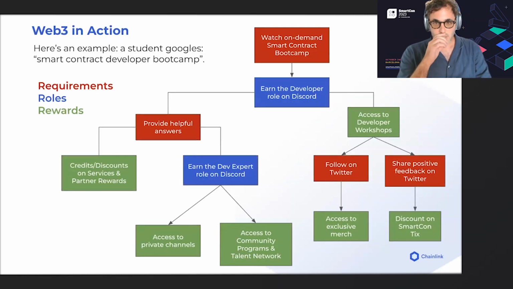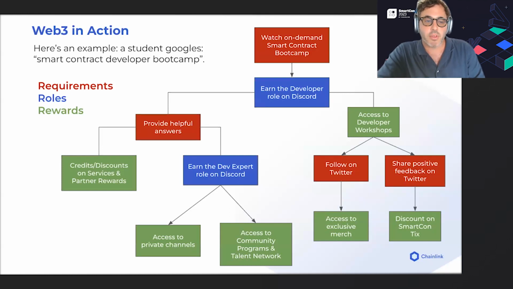So this is a diagram that I created when I was drafting a user flow for how to build the developer community at Chainlink Labs. We're starting with a student who simply Googles smart contract developer bootcamp because they want to learn how to build smart contracts. That brings them to our on-demand bootcamp video. They watch the video, and simply by providing their wallet address, they now have a new role on our Discord.